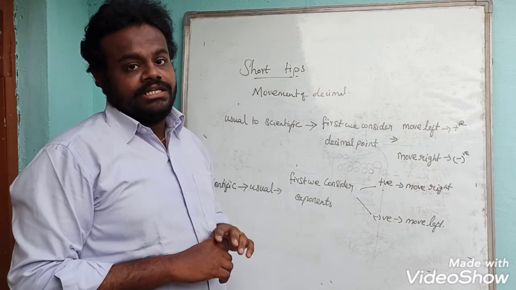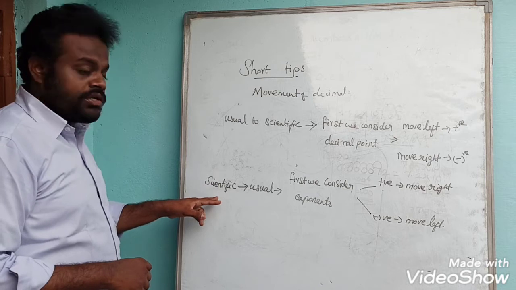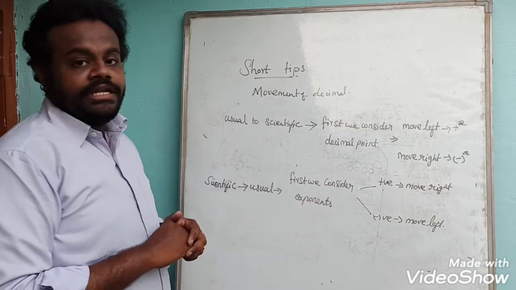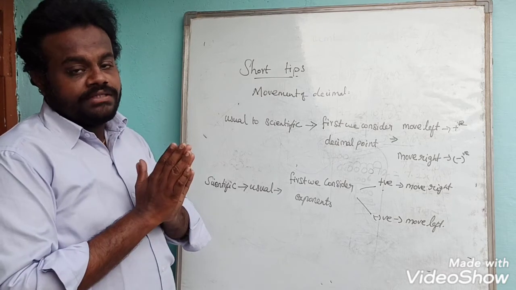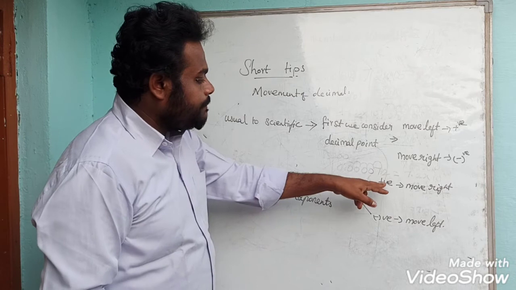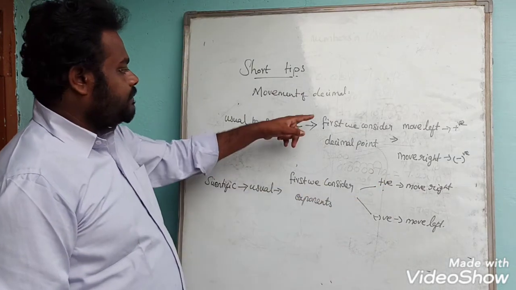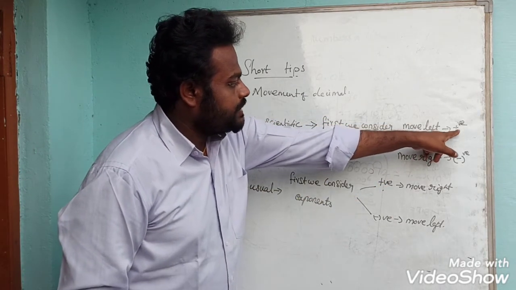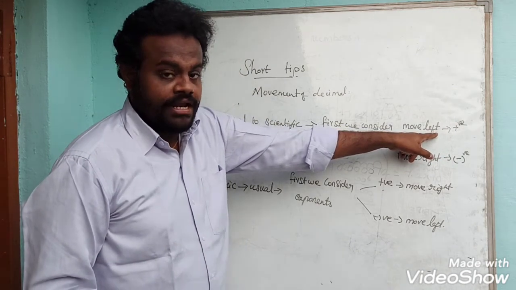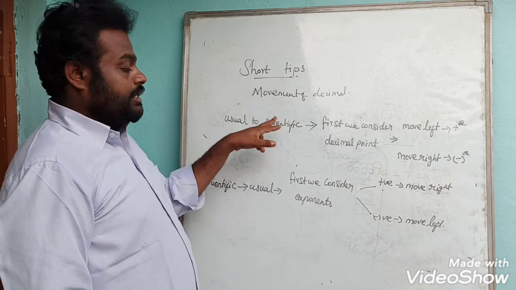Now scientific notation to usual form. First we consider the exponents. You see whether the exponent is positive or negative. Positive exponents, compared with the previous case: positive exponents meant move left when going from usual to scientific.